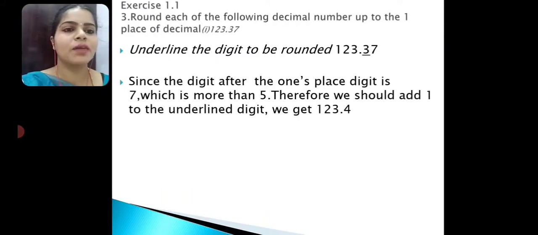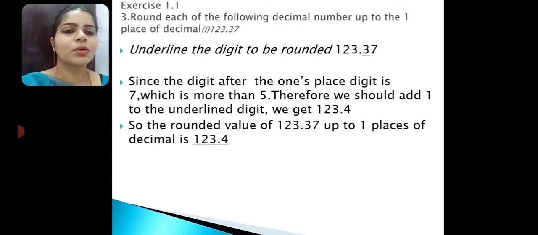Since the digit after the 1's place digit is 7, which is more than 5, we should add 1 to the underlined digit. If we add 1, we get 123.4. So, the rounded value of 123.37 up to 1 place of decimal is 123.4.